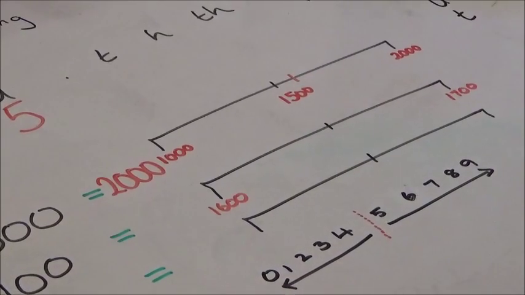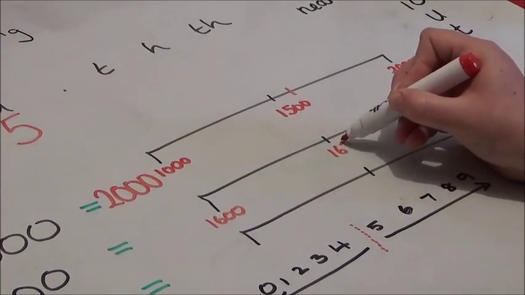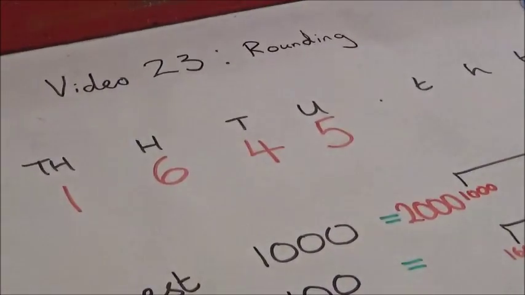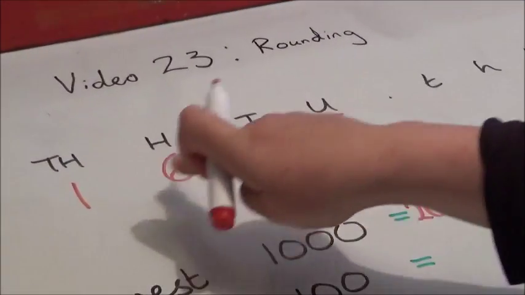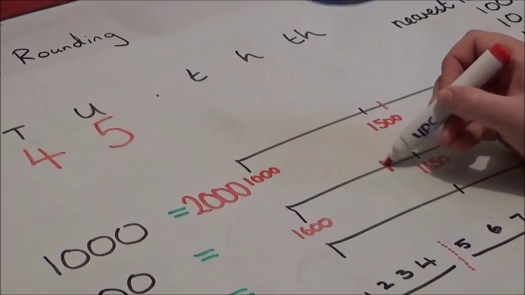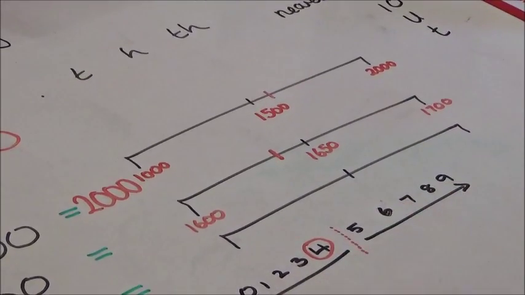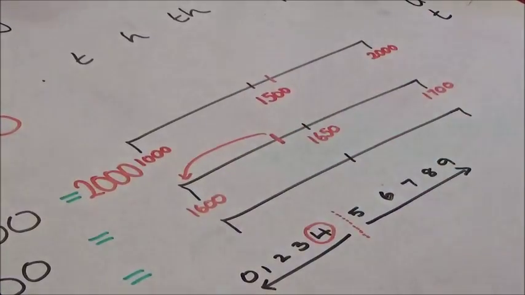Halfway between 1,600 and 1,700 would be 1,650. So we need to have a look at our tens. Here we've got 1,640, so we know that's going to be around about here. Again, that 4 digit will remind us that we need to round down. So we know that we're closest to 1,600.